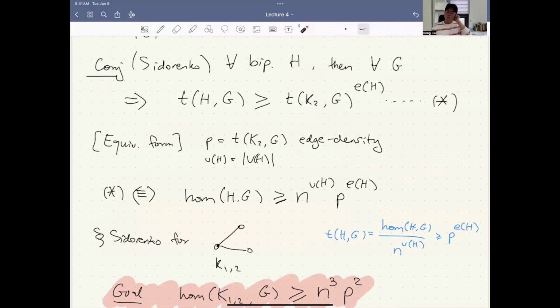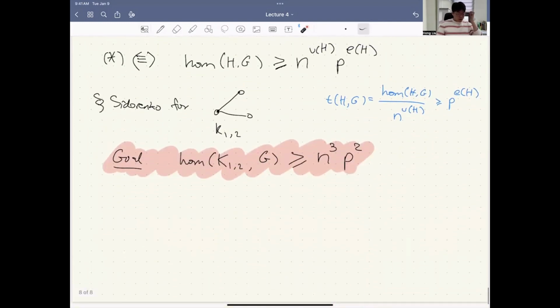Basically, why does a bipartite graph suddenly make this inequality correct? I feel like it's because a bipartite graph is basically a blow-up of an edge. You blow up an edge, you get all bipartite graphs, at least as a subgraph. So what you're asking is essentially the same as what Sidorenko is asking. What's the special thing about bipartite graphs? So we have this inequality.